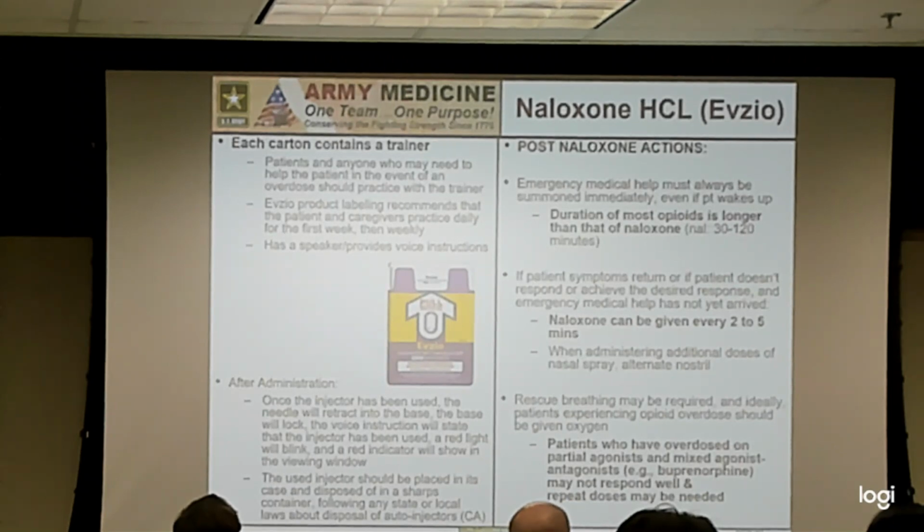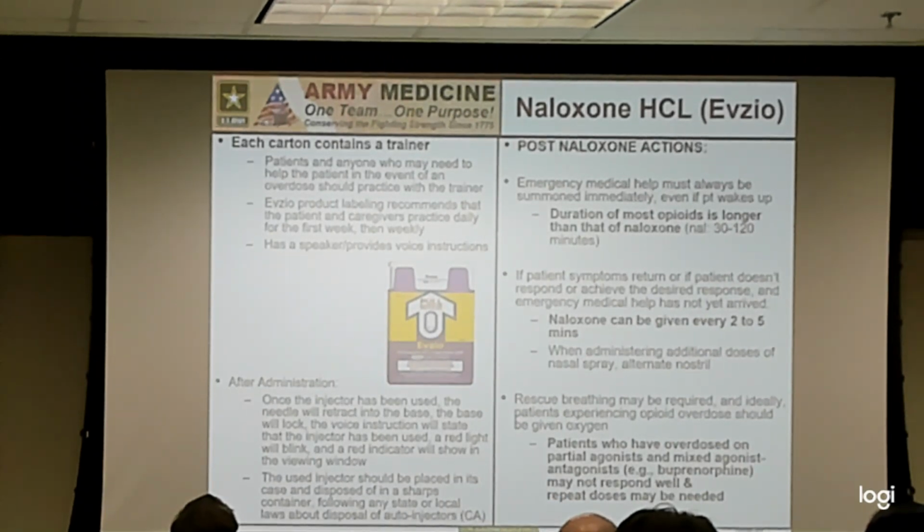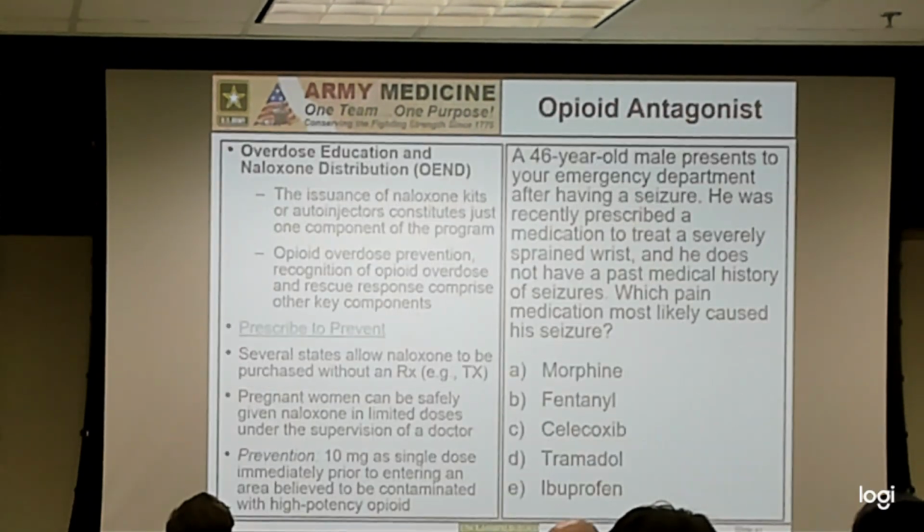Nothing here that I really need you to know besides what I already told you, giving it every 2 to 5 minutes. And then if it was a partial agonist, same thing that we already been talking about. It may not respond. You may need to give several doses before you get a response from that patient. The left panel, I don't need you to know that, so you can cross that out. If they're pregnant, just know you can still give them the naloxone, okay?